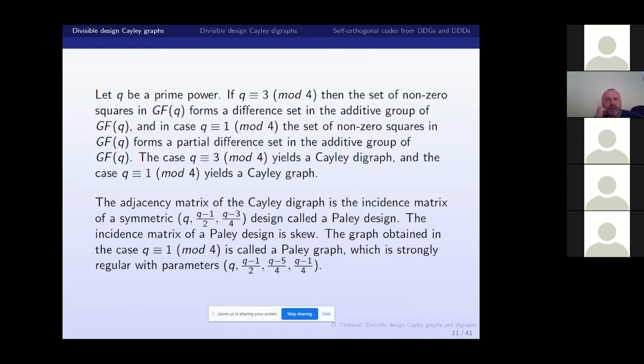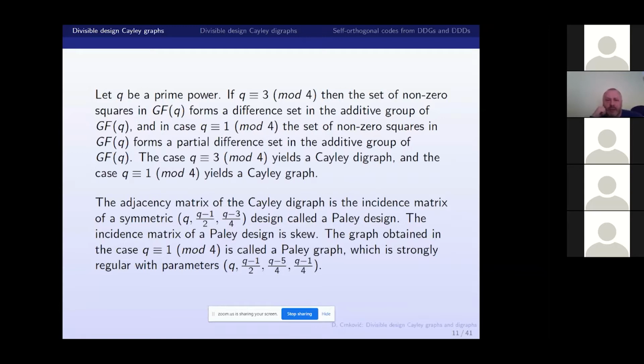So if q is an odd prime power, and q is congruent to 3 modulo 4, then the set of non-zero squares in the field of order q forms a difference set in the additive group of the field.